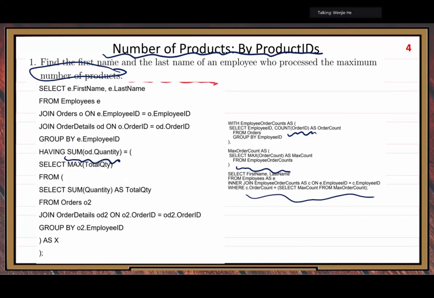What I mean by number of products is you count based on the different product IDs, not the orders, not the quantities.